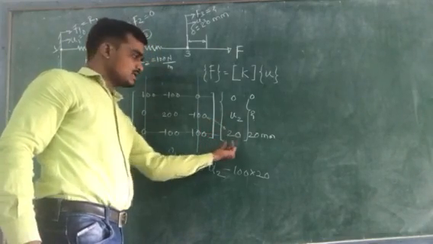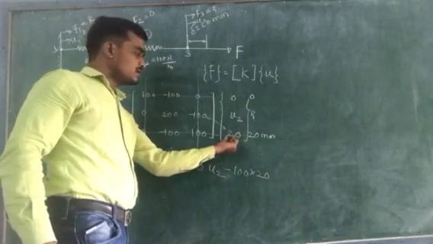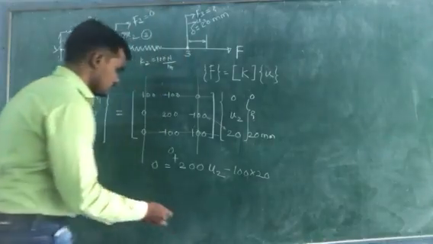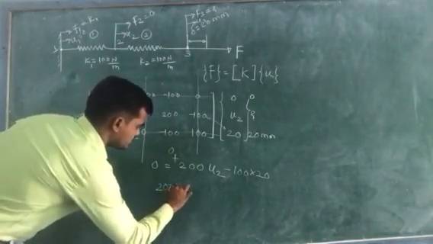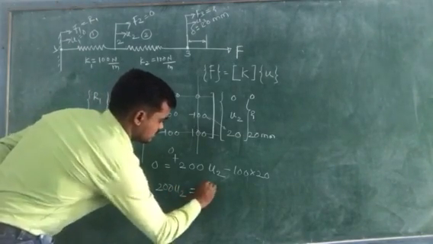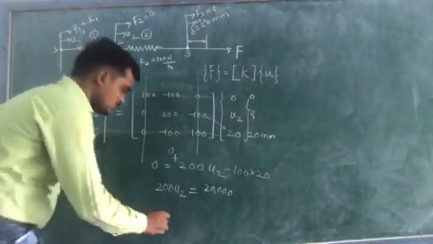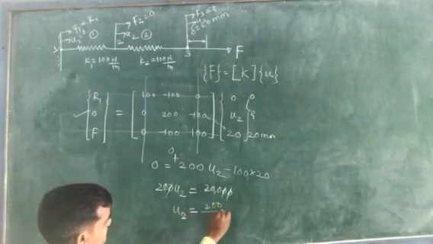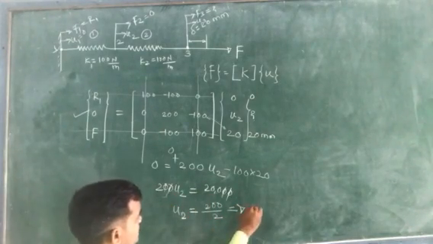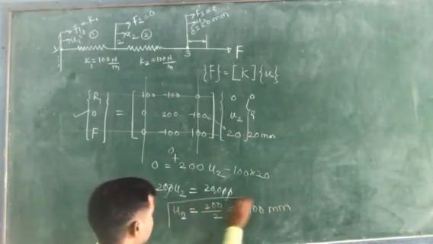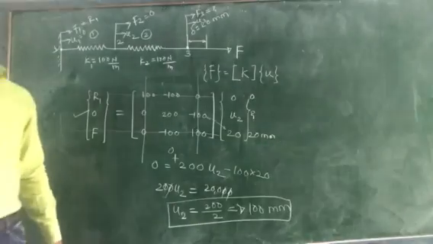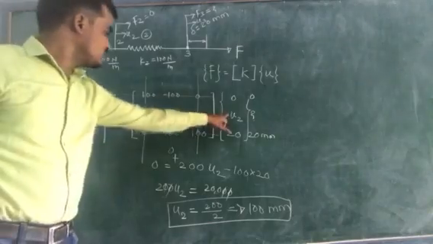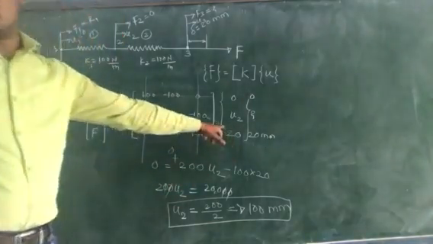Now from this equation, 0 is equal to 200 times U2 minus 100 times 20 mm.